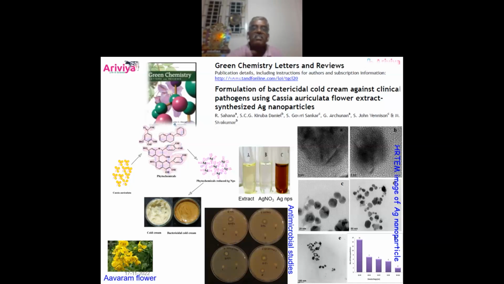We want to control microbial infection over the skin, so we used our flower based nanoparticles as one component in the cream, which controls pathogens and microbial infection over the skin.